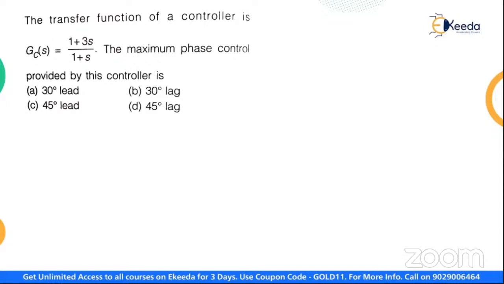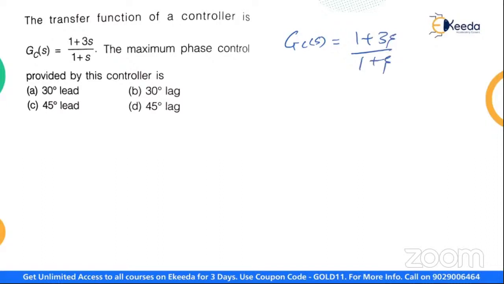Yes. So let us see what happens. The transfer function of the controller is GC of S equal to 1 plus 3S upon 1 plus S.